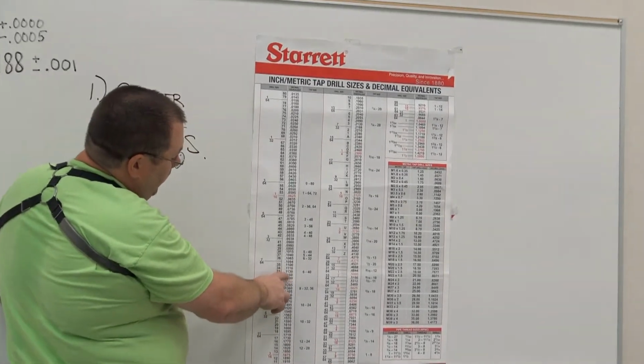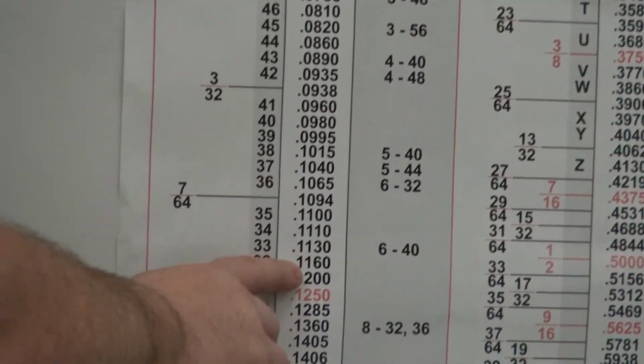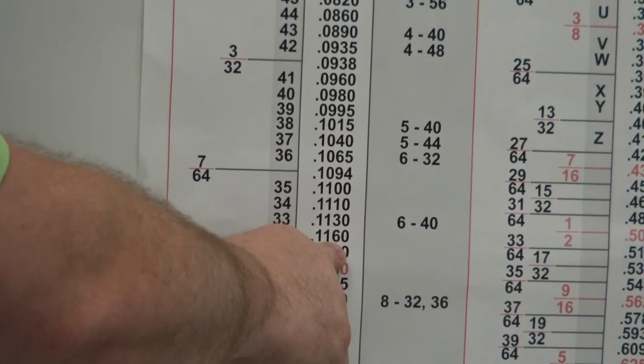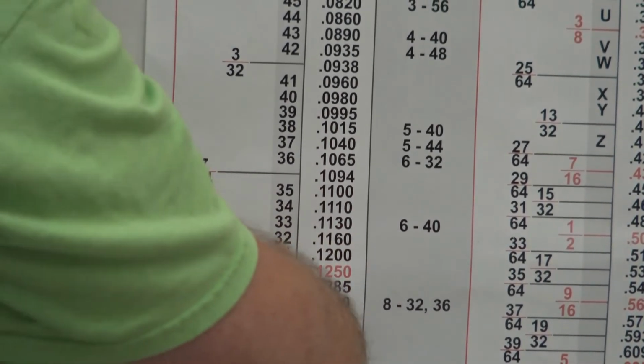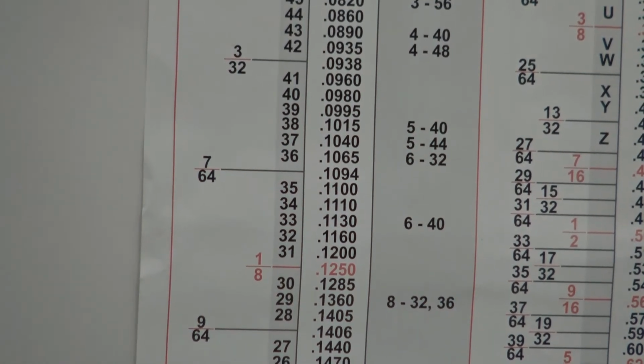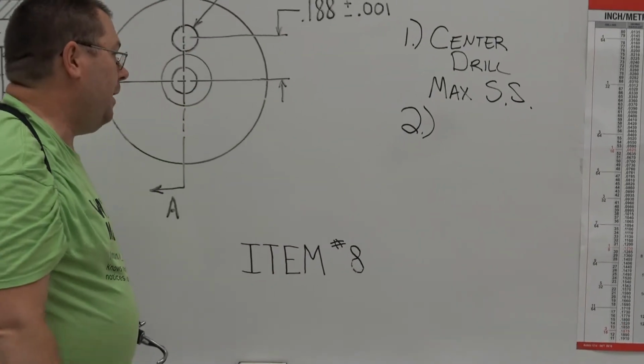So if I go over here to that size, right, we said 114 to 116, there's actually a 116 thousandths diameter drill bit. And we see on the chart that that's a number 32 drill. That gives us the minus 8 to 10 thousandths size that we care about before we ream.